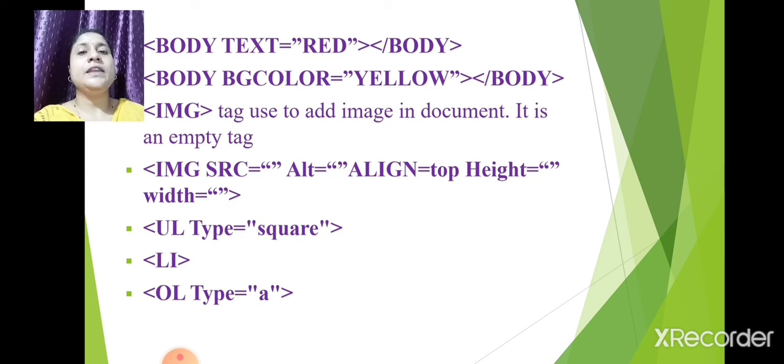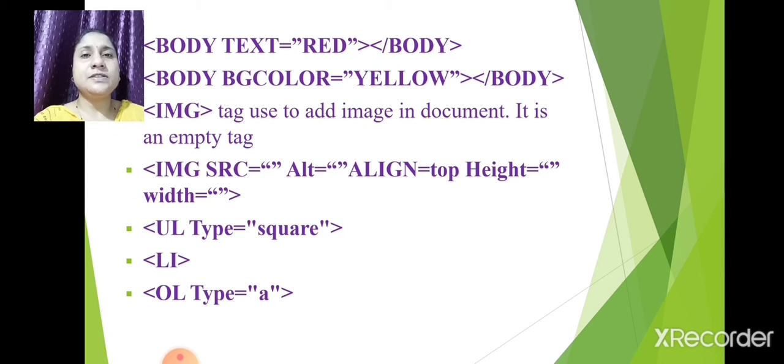Then UL. What is UL? UL means unordered list. It has a type, like square, disc, circle. This is called an unordered list.